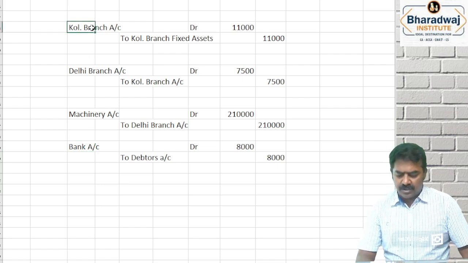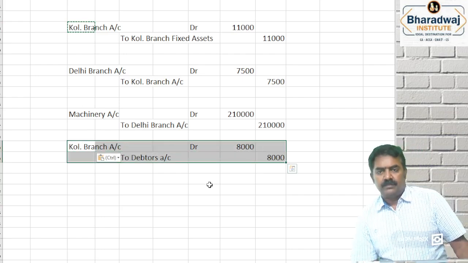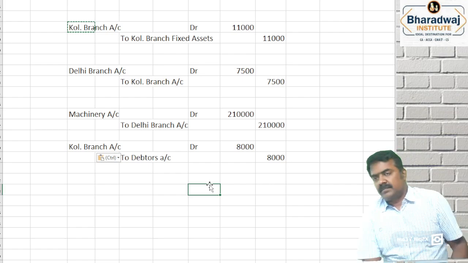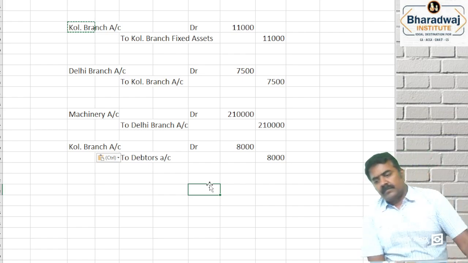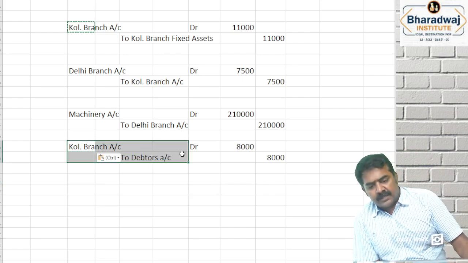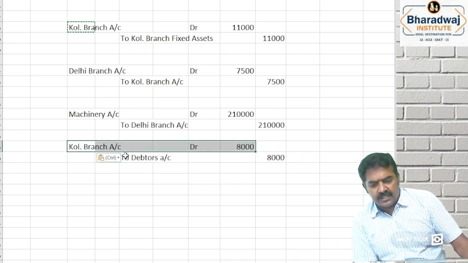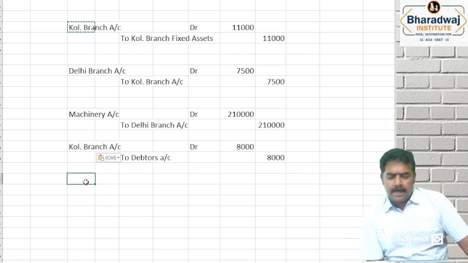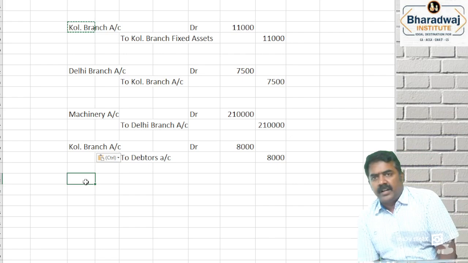So Kolkata branch account debit, debit the receiver, credit the giver. Next part.